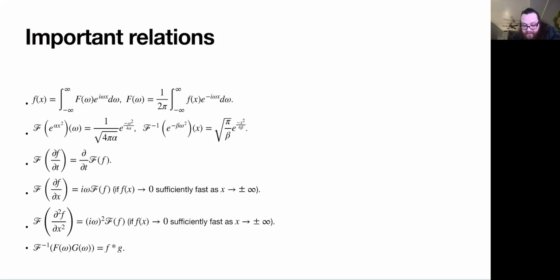Otherwise, if we have space derivatives, then the Fourier transform converts them to multiplication by i omega, or multiplication by i omega squared. This is all assuming that the function you're Fourier transforming goes to 0 fast enough at plus and minus infinity, but we're usually happy to make that assumption.